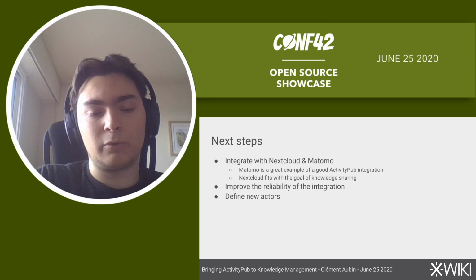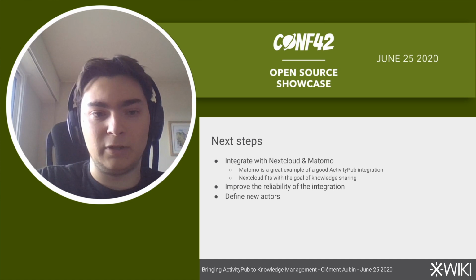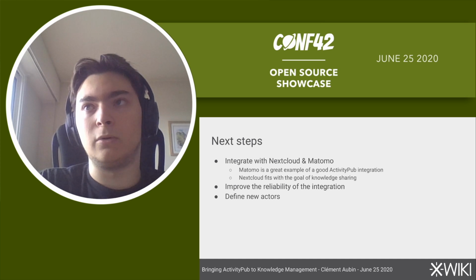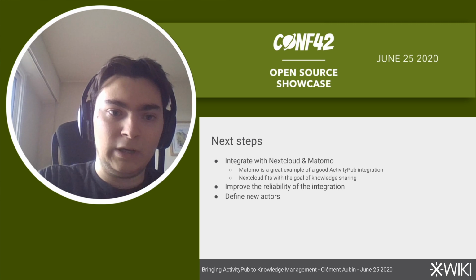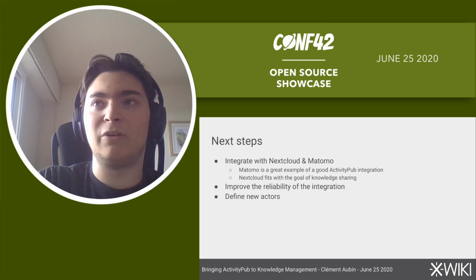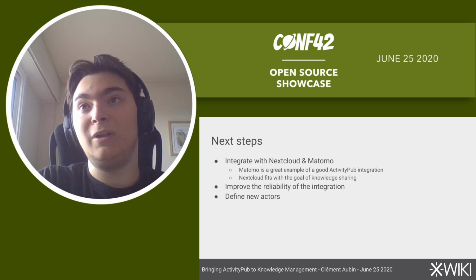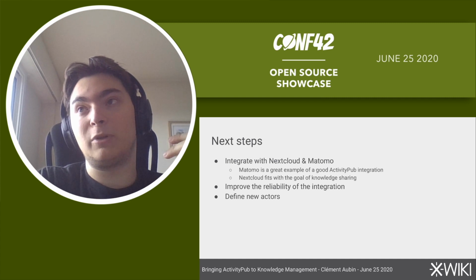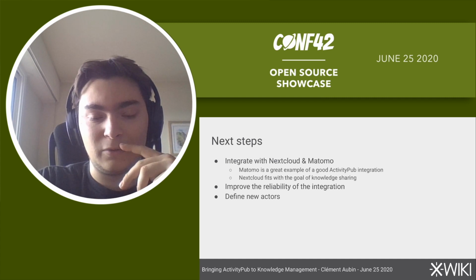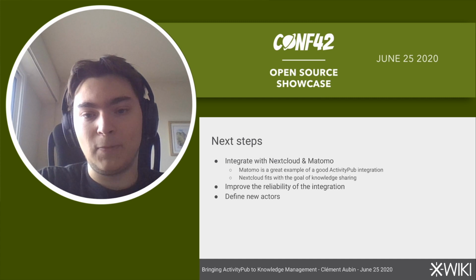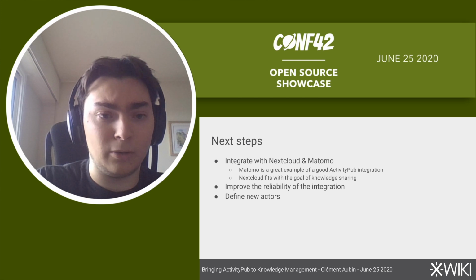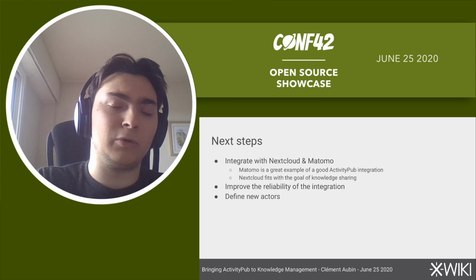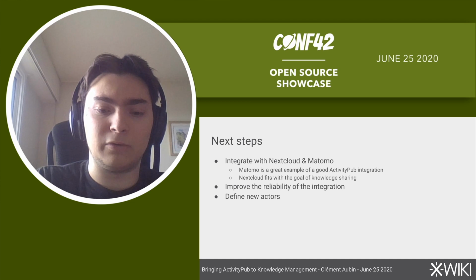Mostly try to integrate with third-party platforms. For example, with the examples that I showed at the beginning of the talk, we have Nextcloud and Matomo that are coming up. Matomo is quite a good example because it has quite an interesting ActivityPub integration. And also Nextcloud will fit in this idea of being able to share knowledge using a distributed and decentralized protocol.